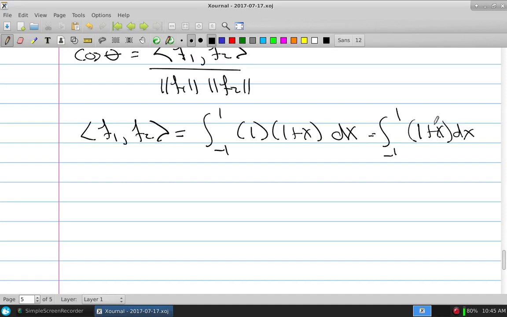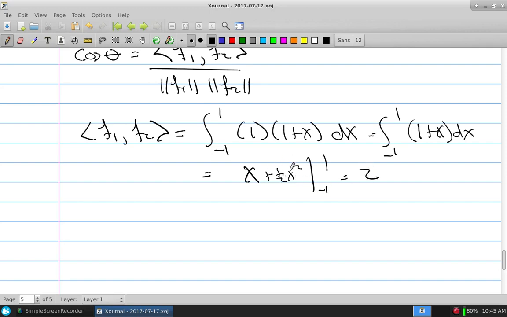That is what? Odd powered, so I don't have to worry about it. I just need to integrate the 1. So you're okay with that? If we do it the long way, x plus x squared over 2 evaluated from -1 to 1. Plug a 1 into this, we get 1 minus a -1, so we get 2.